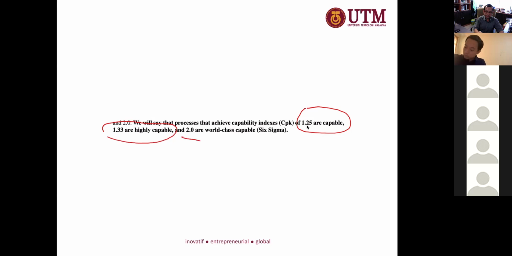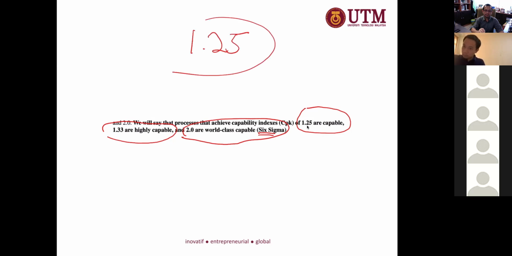If it is 2.0, it's 6 sigma, world class. If it is 1.0, not capable. So we put 1.25 as a boundary here. Target 1.2, but if we get 1.5 and slightly above, it's good enough. But if it is far below 1.5, we have a problem.